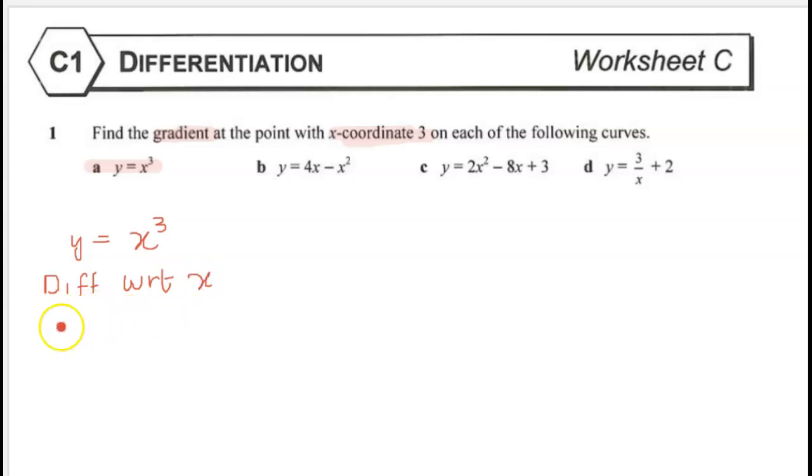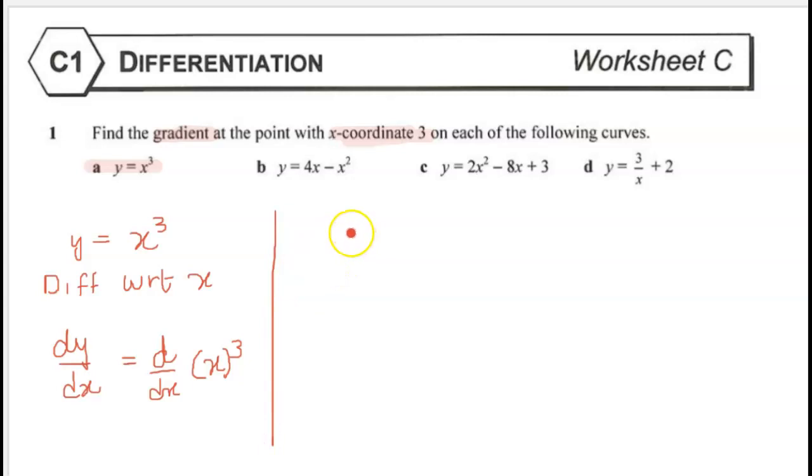When you differentiate with respect to x, that's why it becomes dy over dx, and that becomes d over dx of x cubed. Now d over dx of x cubed, according to the rule, 3 comes out, reduce the power by 1. So that is 3x squared. And this is dy over dx.